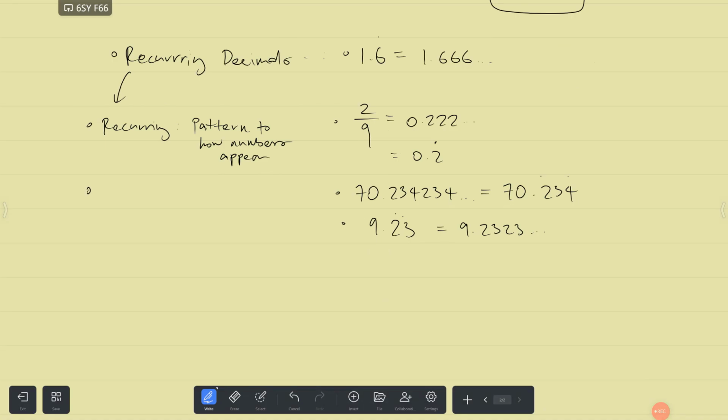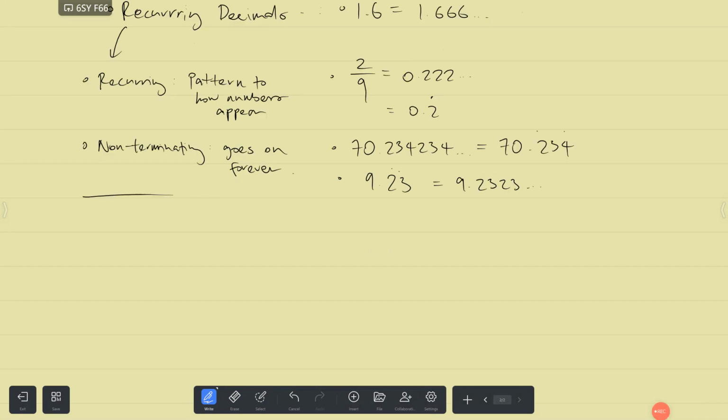And not only that, they share a similar property with our irrational numbers. They are non-terminating. One loose way of understanding what non-terminating means is that it goes on forever. So these are properties of our recurring decimals.